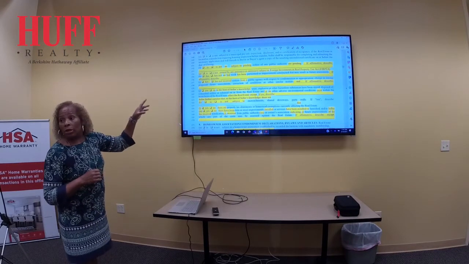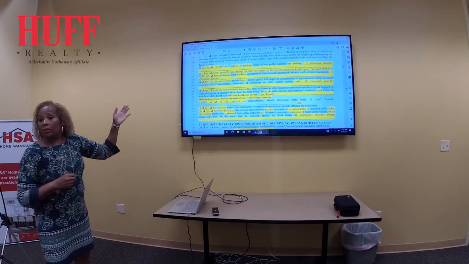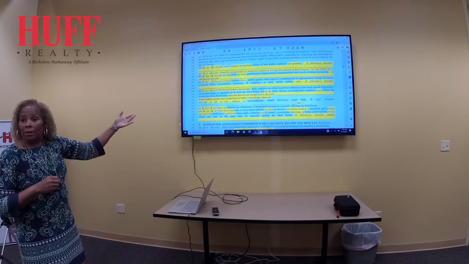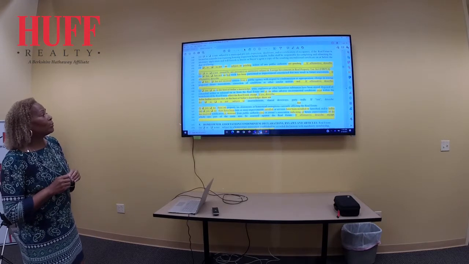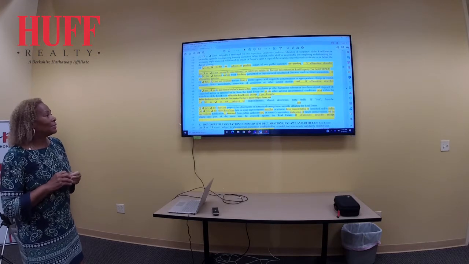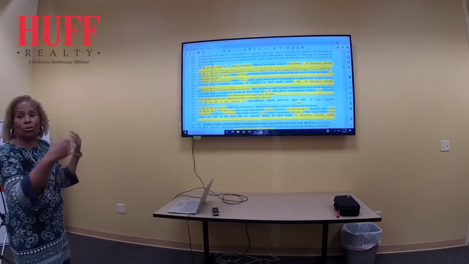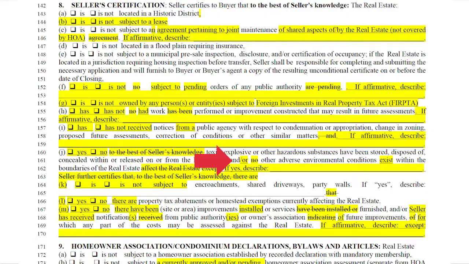Now, some of this is addressed in your property conditions disclosure form, and now they've reiterated it again here inside the purchase agreement. So I don't know why that was necessary to have them assert it twice, but evidently they're going to have to. Oh, and then it says no other adverse environmental conditions exist within the boundaries of the real estate.